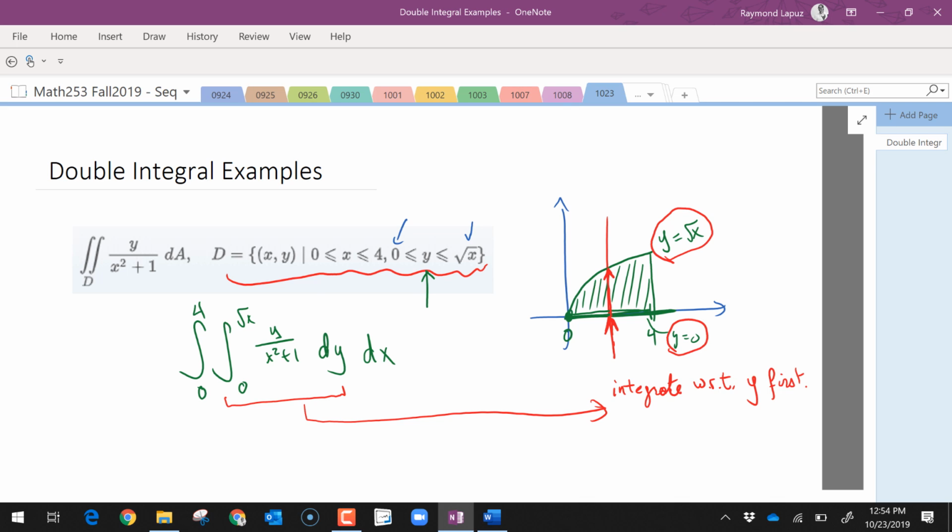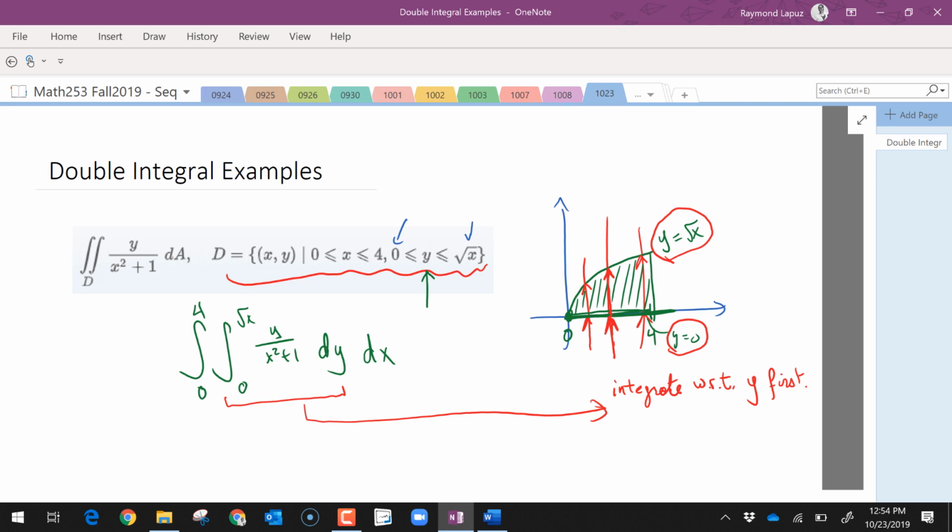Okay. So if I'm integrating with respect to y first, I have my region. I should be able to draw anywhere in that region a line parallel to the y-axis where I enter and exit. I enter the same function wherever I go. I exit the same function wherever I go. All right.